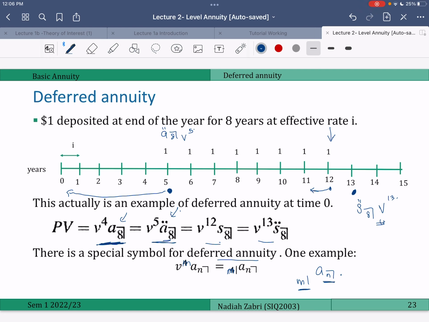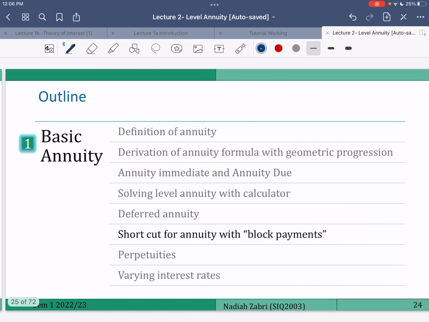So in the illustration that we have here, it will be 4 bar A angle 8. Alright, now moving on.